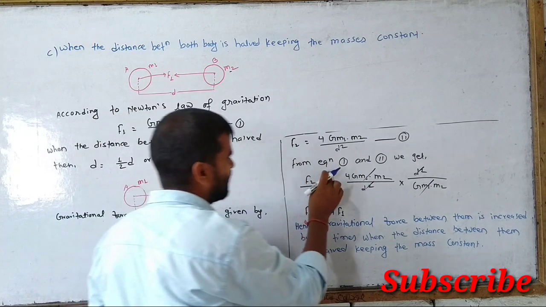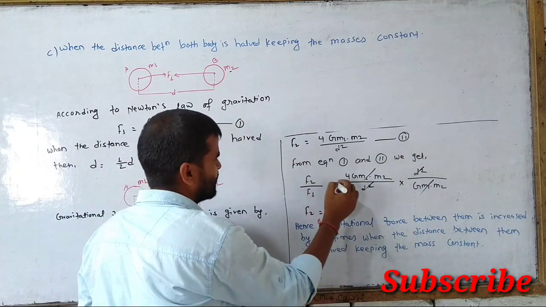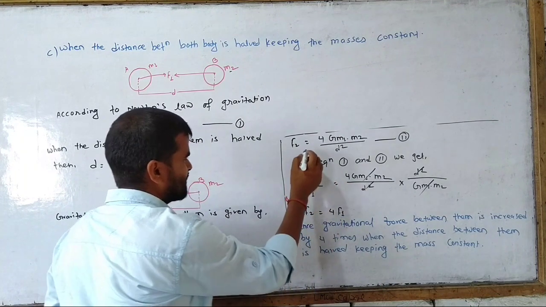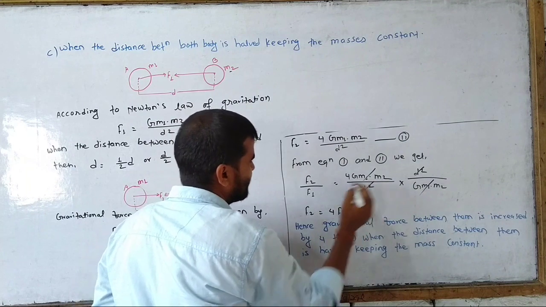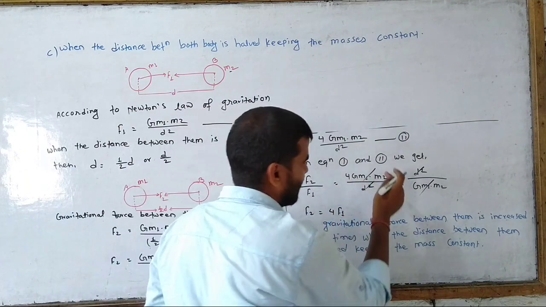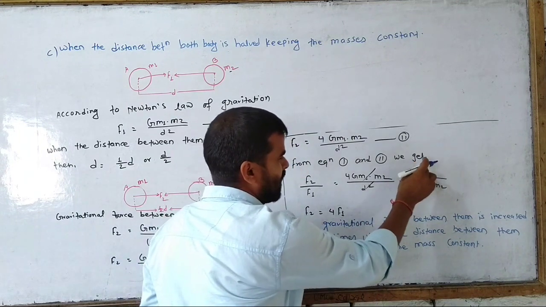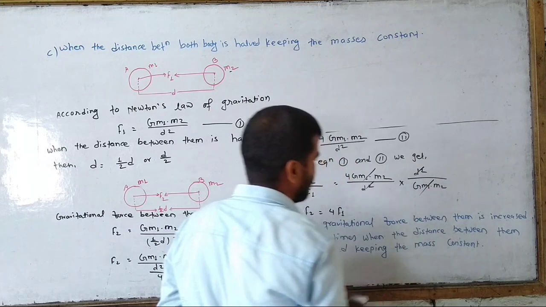From equations 1 and 2, F2 by F1 equals 4G m1 into m2 by d square, times d square by G m1 into m2.